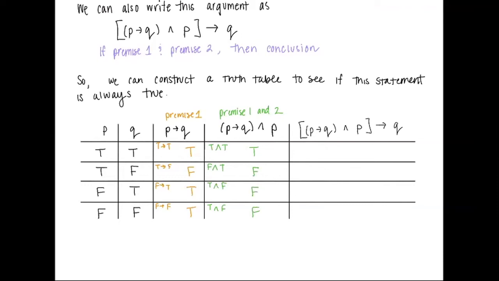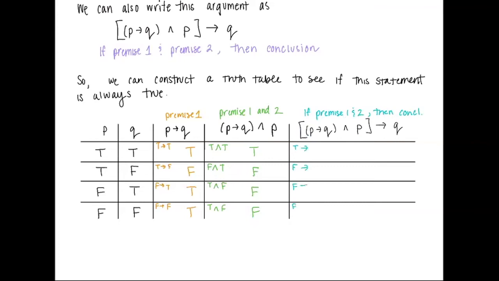Okay. So going through now my final argument at the end, I want to put my truth values for my two premises. So here, this is going through if premise 1 and premise 2, then the conclusion happens. So I'm going to put all of these truth values at the beginning here. So it's true, false, false, false.